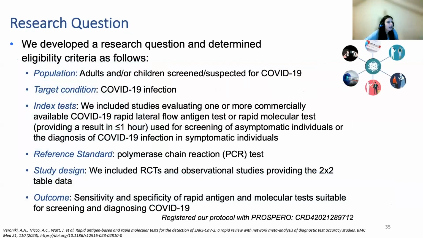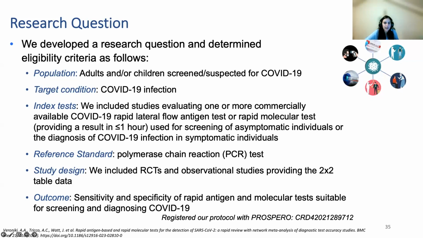So we developed our research question and determined the eligibility criteria. For the population, we considered eligible adults and children that were screened and suspected for COVID-19. So the target condition was COVID-19 infection. As eligible index tests, we included tests that were commercially available for COVID-19, rapid lateral flow antigen and rapid molecular tests.